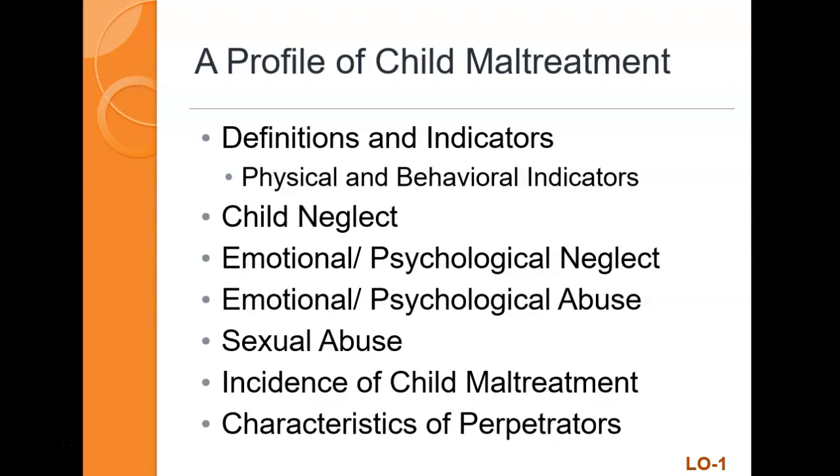There are a variety of physical problems that are indicators of sexual abuse, and the book provides examples, including sexually transmitted disease, pain, bleeding, or bruises in the genital or anal area. Pregnancy is a huge indicator as well.